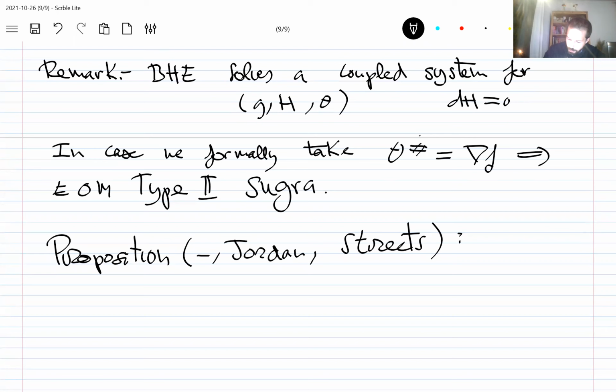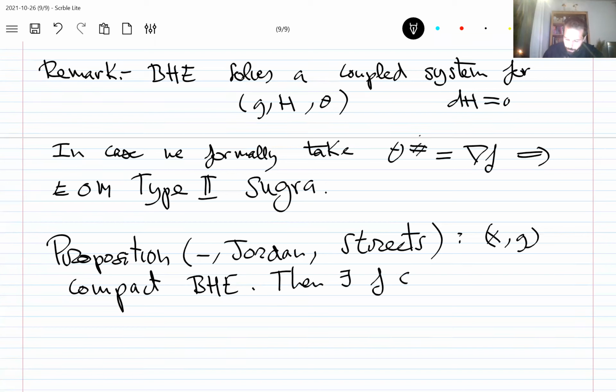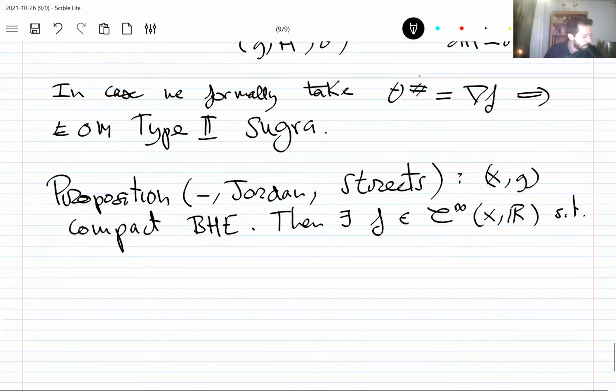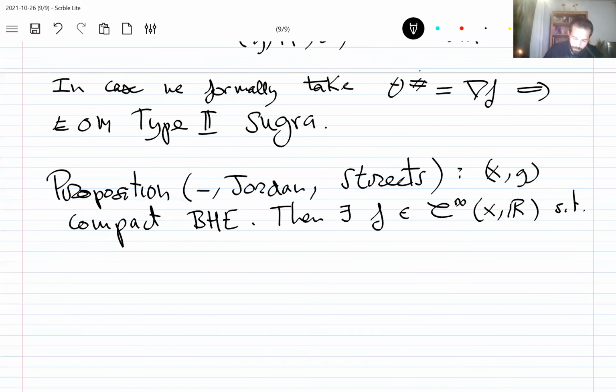So suppose (X, g) is compact and Bismut Hermite-Einstein, so in particular it is pluriclosed and has vanishing Bismut-Ricci form equal to 0. Okay, this is the definition. Then there exists a smooth function f on the manifold such that the following system is satisfied.